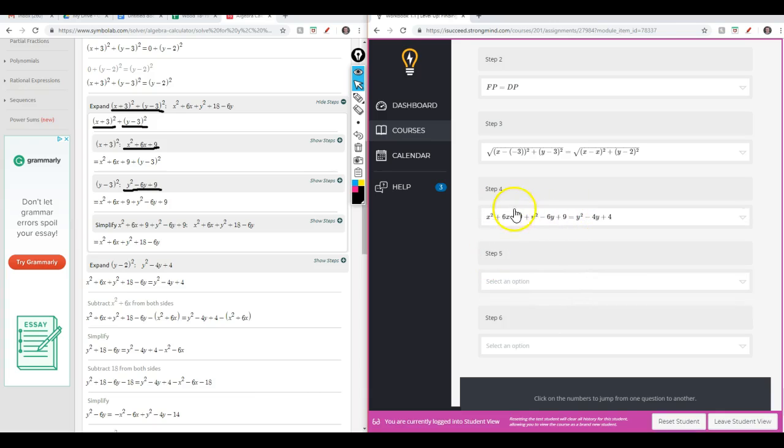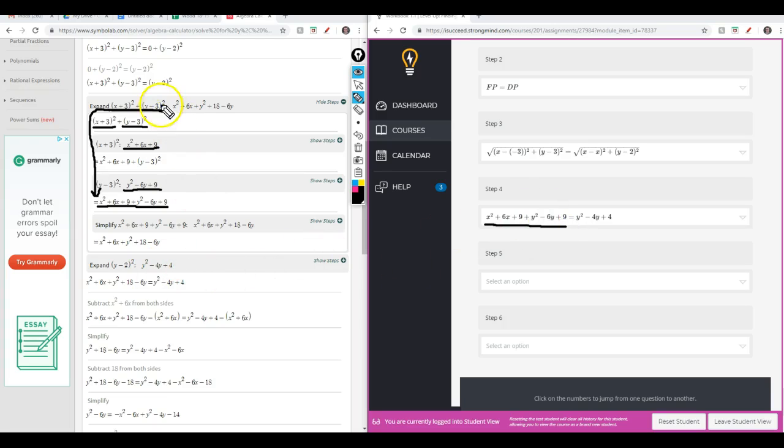I'm selecting that as a possible option, and I'm going to verify that this right-hand side is what it simplifies down to. And so this step, this expansion, is shown right here where it equals x squared plus 6x plus 9 plus y squared minus 6y plus 9 right there. And I'm matching again that to the left-hand side.